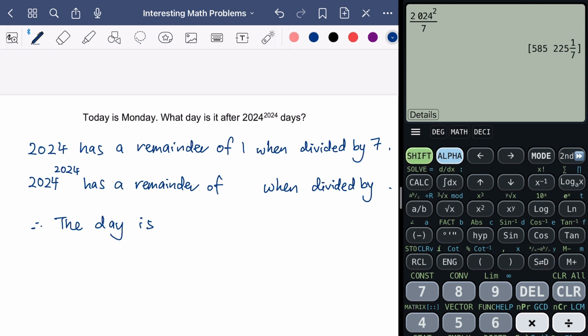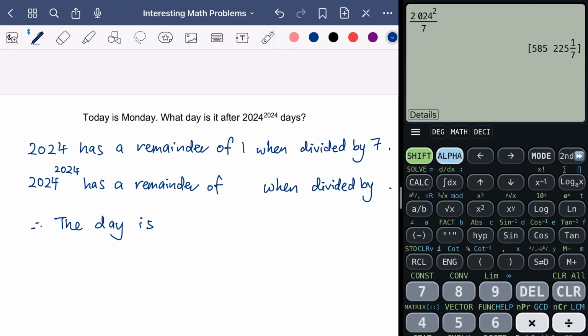And if I were to transform this to mixed number form, you can see it is 585,225 whole 1 over 7. So that one is going to tell me that 2024 to the power of 2 is going to give me a remainder 1 when divided by 7.